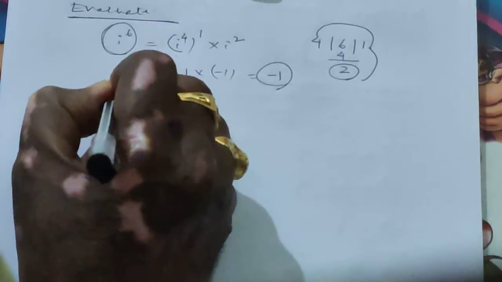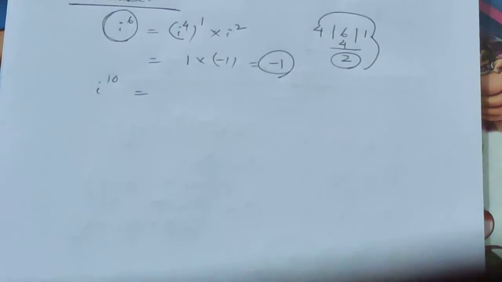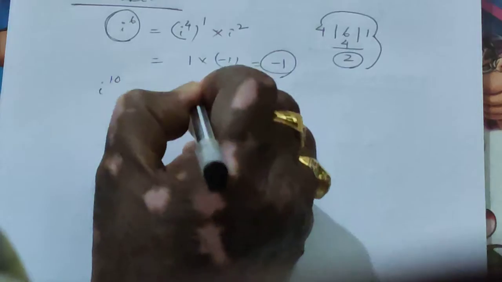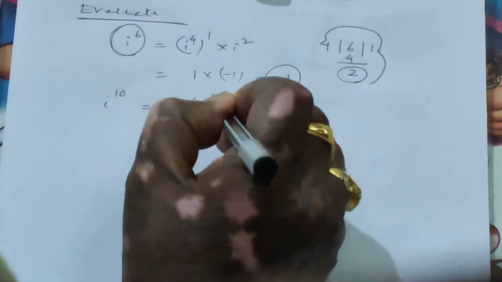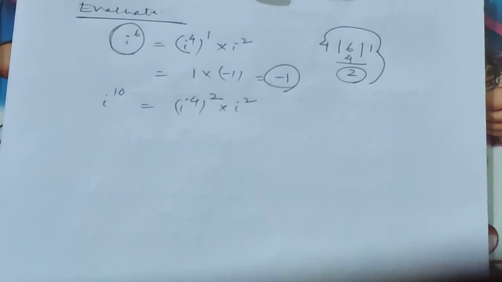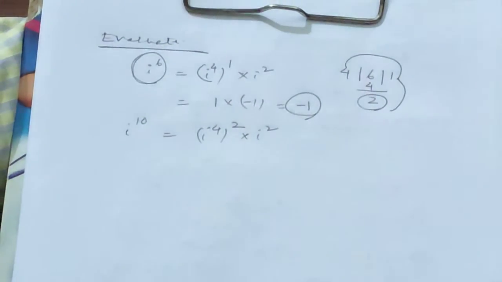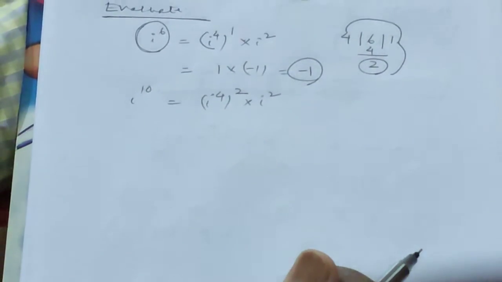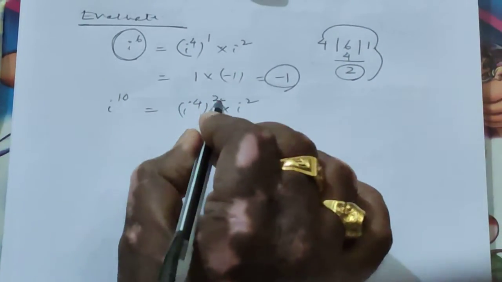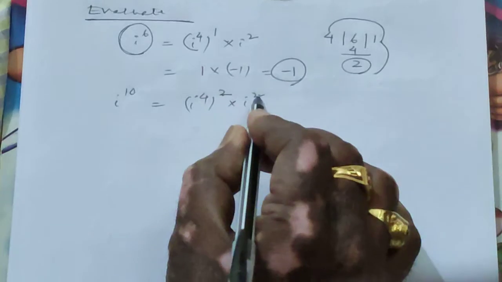i to the power 10 equals i to the power 4 to the power 2 into i square. We are dividing 10 by 4. You are getting 2 as the quotient and 2 as the remainder.